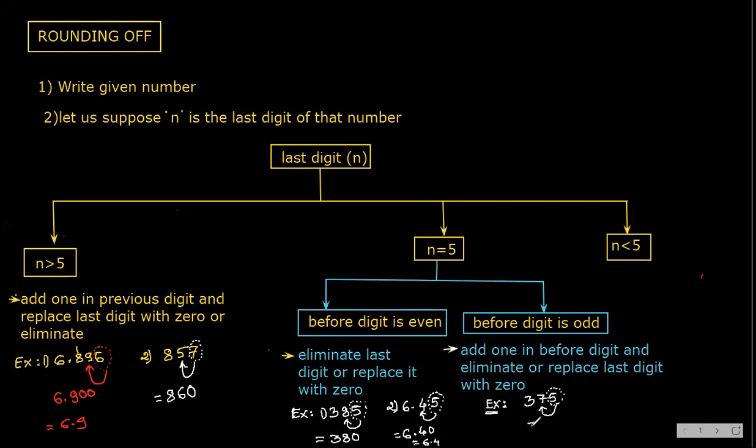So what do you have to do? Add 1 to 7. So what will you get? 380. Understood?